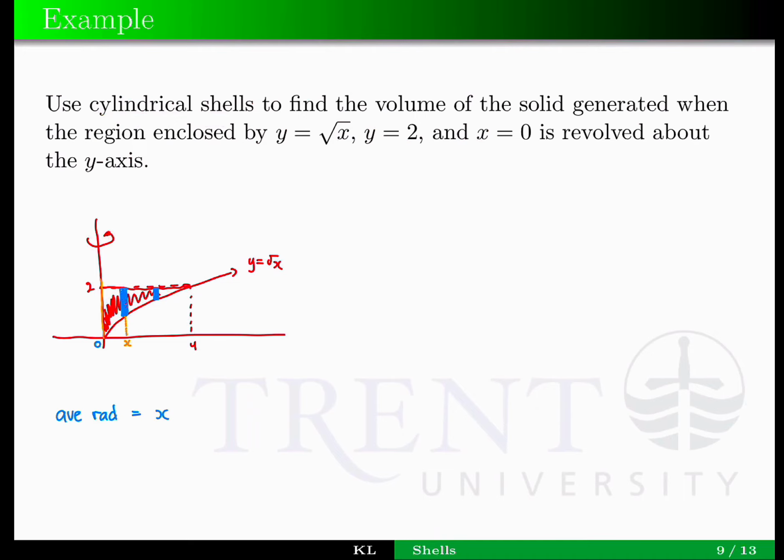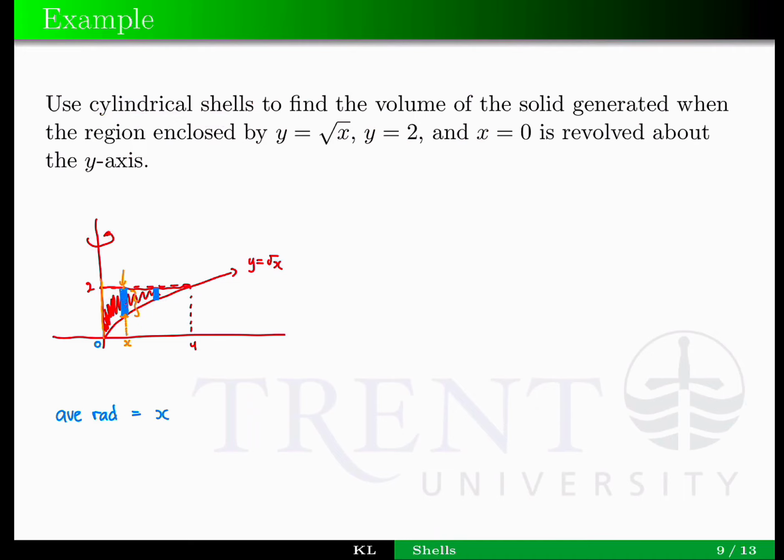What will be the height of this strip? The height is from here, which is y equals 2, going to this point, which is y equals square root of x.